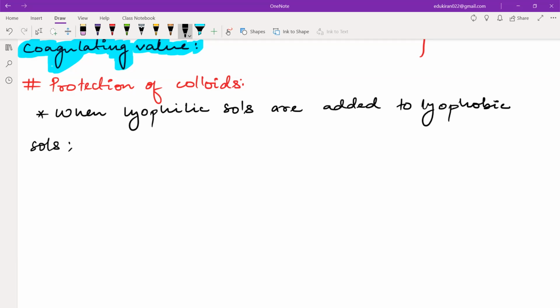Let me make a lyophobic one. Lyophobic means it does not have any affinity towards the dispersion medium.